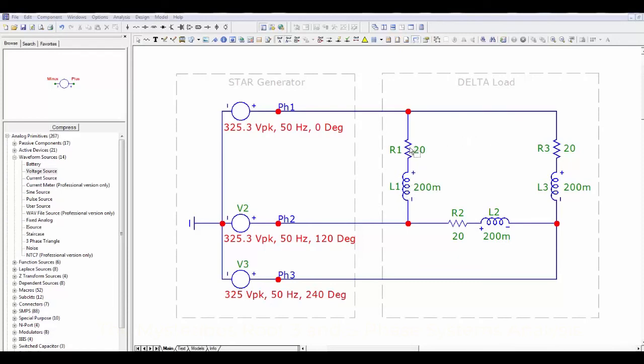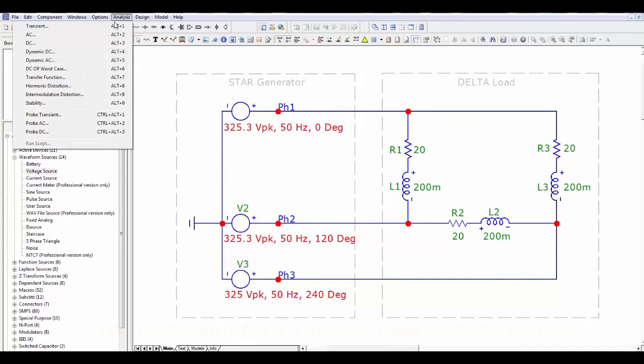So each load is 20 ohms and 200 millihenries in series, and the idea is, let's see if we can determine graphically what these currents might be through each of these loads. Okay, and to do that, what we can do is run ourselves a transient analysis. So analysis, transient.